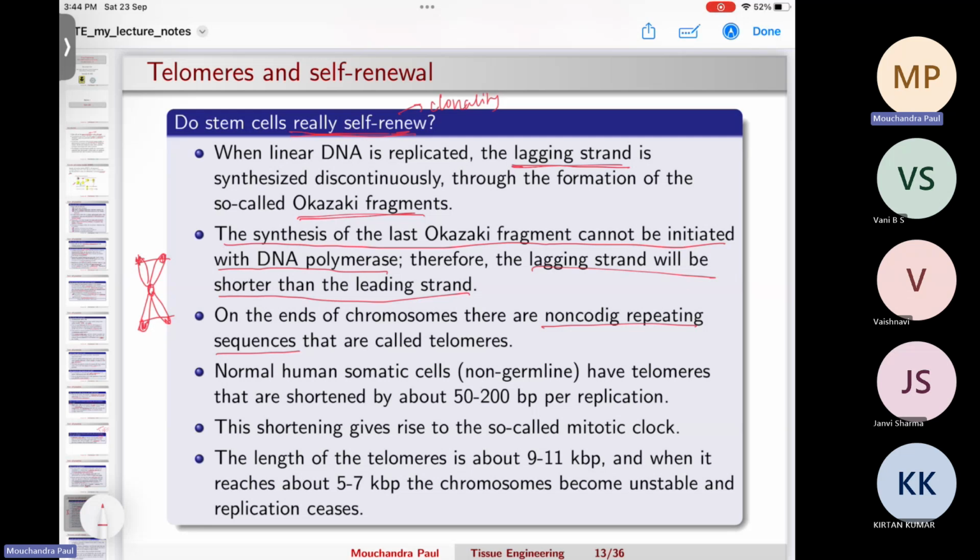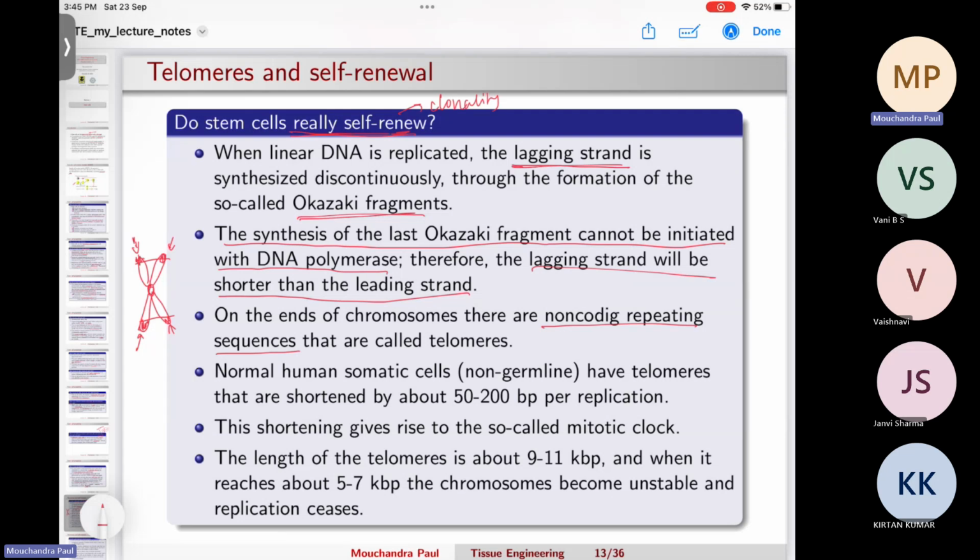Now, due to how the DNA is synthesized, where the lagging strand is becoming shorter, if this is going to happen throughout the chromosome, what will it contribute to? It will contribute to shortening of the length of the telomeres. And as it is shortened, you can say the cell is aging.